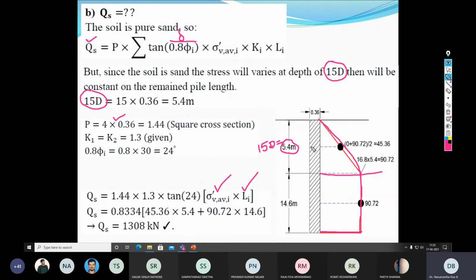In fact, you can take 3 number of layers. The average they have not taken. In fact, you should take 3 number of layers instead of the 2 layers which are shown here. So there is just something wrong.